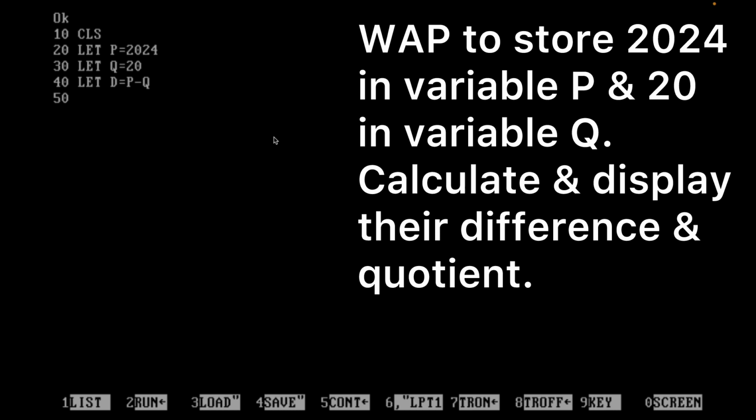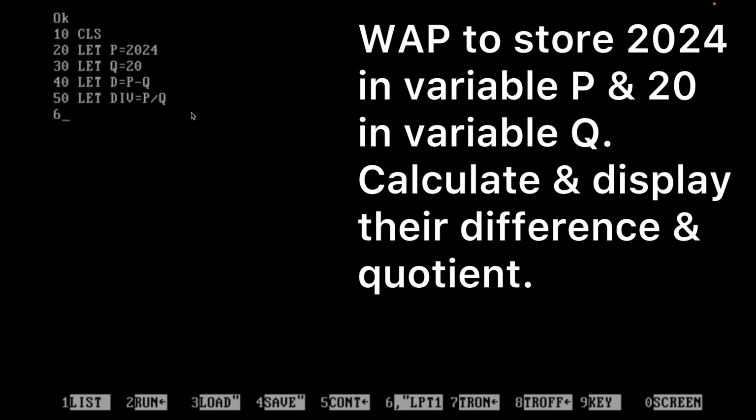Then 50, LET, we have to find the quotient, but we cannot take Q over here. We have already taken the variable Q. So we can type over here DIV. You can take a small word also, is equal to P divided by Q. We use this front slash for the division sign in BASIC.